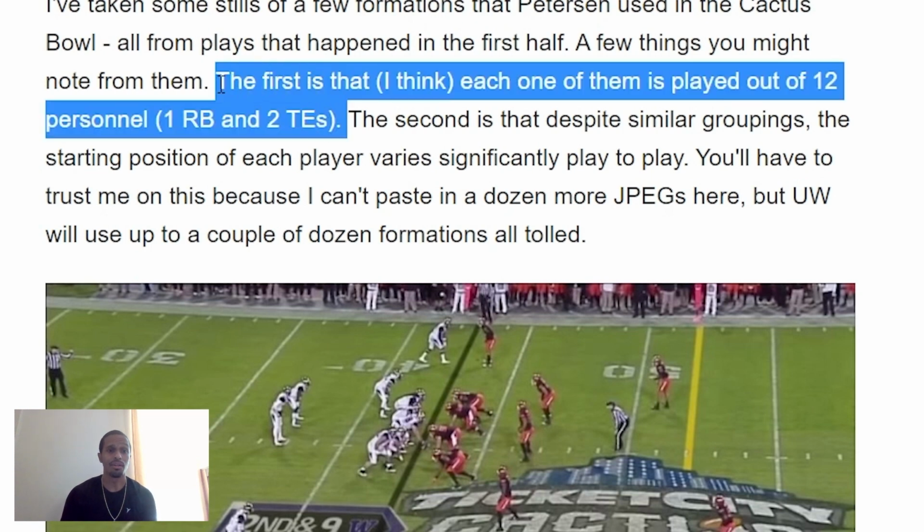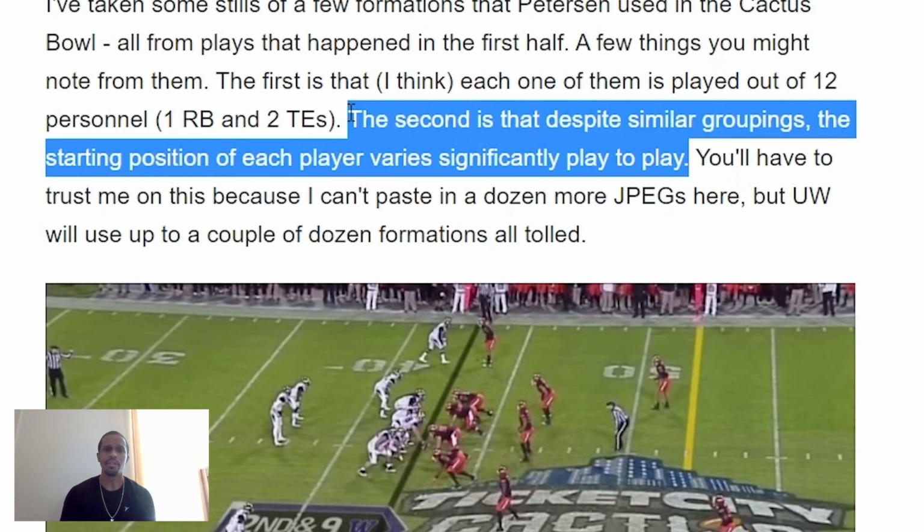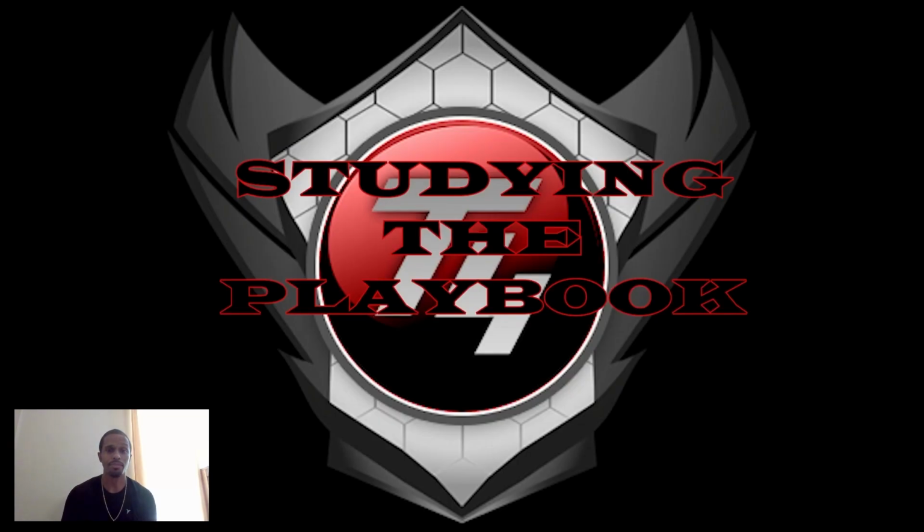Again, we see mention of the dual tight ends, further noting that although you'll see similar personnel groupings, you do see various formations using those two tight ends. One key reason for that personnel grouping is that it's ideal because it allows the offense to be just as big a threat in the pass game as in the run game.